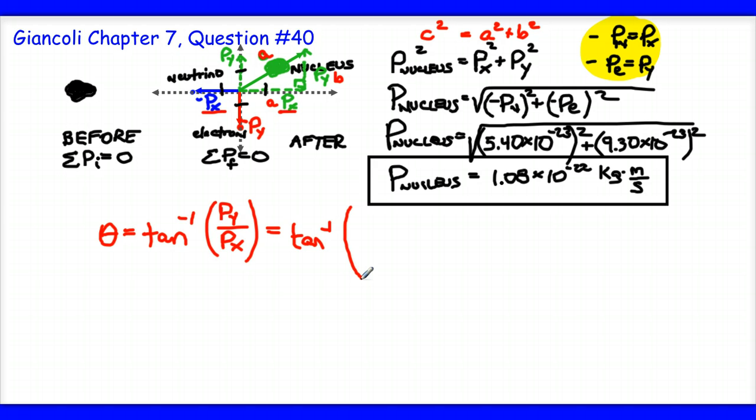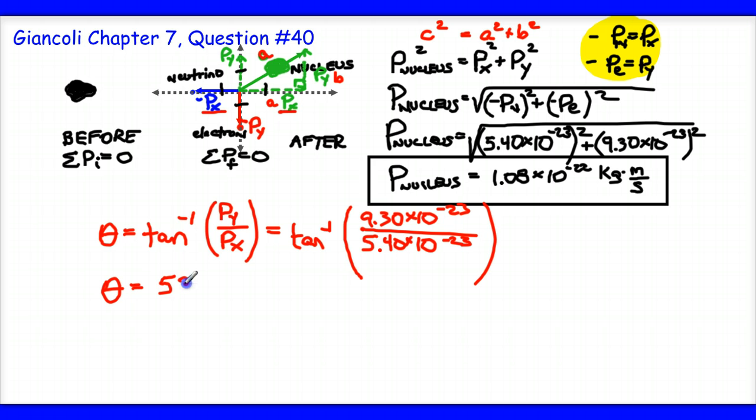So that ends up being 9.30 times 10 to the negative 23rd, again leaving those units out, divided by 5.40 times 10 to the negative 23rd momentum units. When I run that through, I get an angle theta of about 60 degrees.